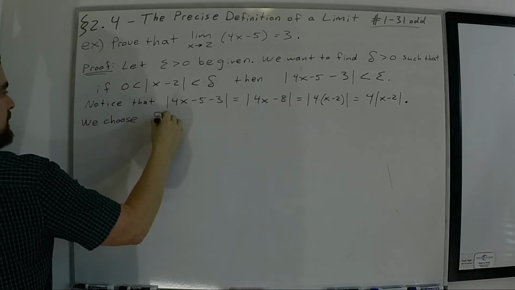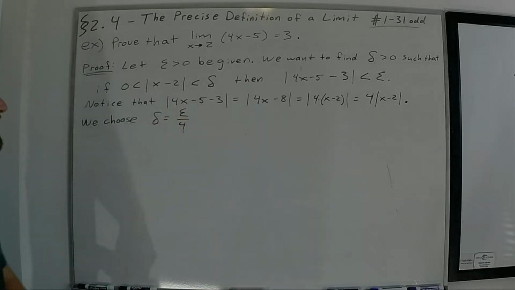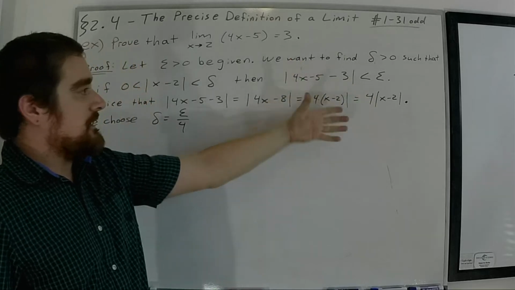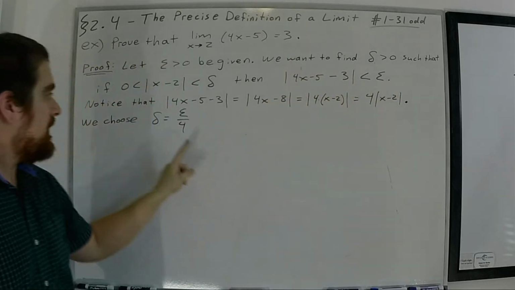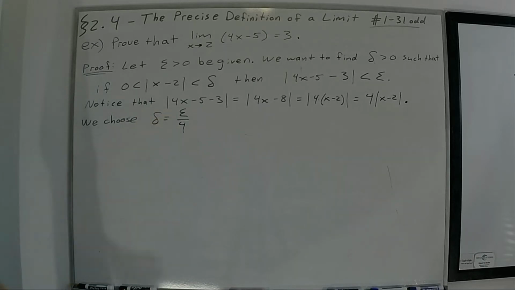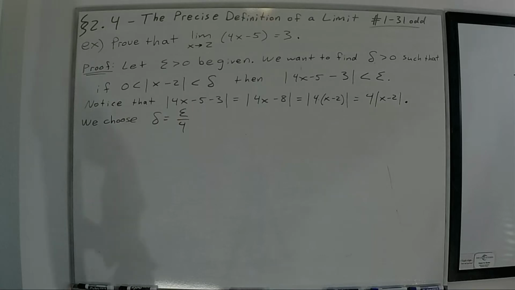We choose delta is equal to epsilon over 4. That extra multiple of 4 being there might make us too big, so I want to divide by that 4 when I pick my delta. I want epsilon over 4, which is a much smaller quantity than just epsilon itself. So I'm going to make this choice for epsilon, or sorry, this choice for delta.